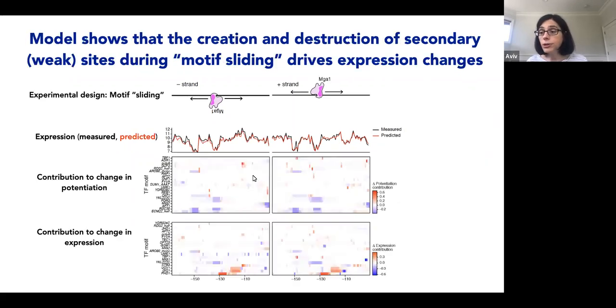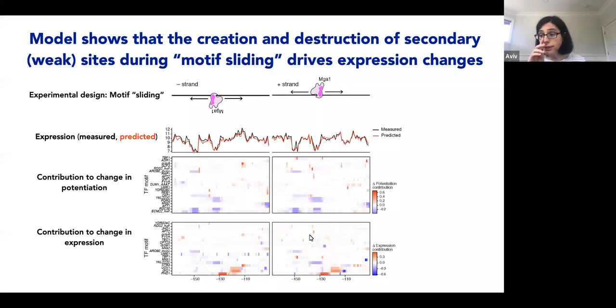So what is going on? It turns out that these changes in accessibility or potentiation and expression are actually coming from multiple weak sites for other transcription factors that get created or disrupted as we slide the primary MGA1 sequence. None of these sites is considered by classical models.